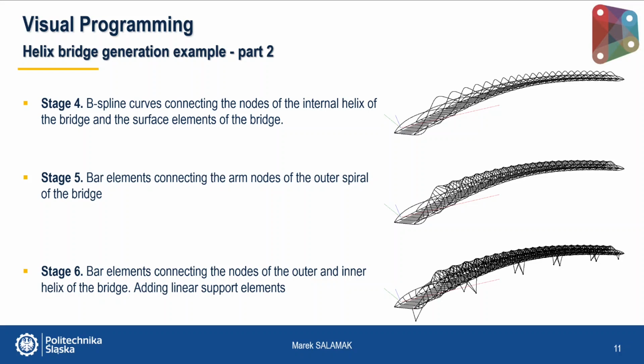Such a parameterized model may constitute the starting material for further analysis. They can be carried out further in the Dynamo environment or transferred to other programs like Robot or Revit. Changing the geometric parameters of the bridge allows for smooth updating of the structure in almost real time.